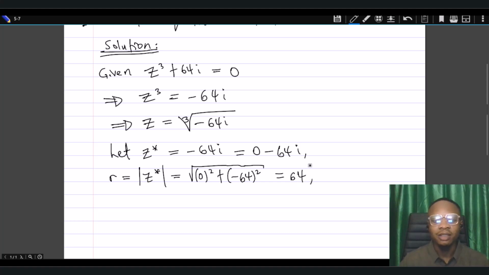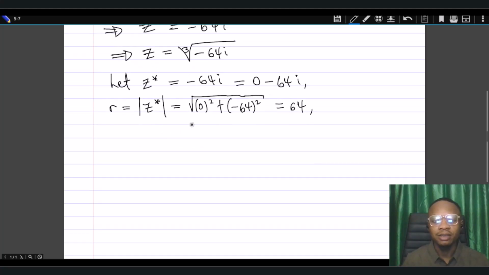And we can get the argument of this by locating it on the Argand plane. We know that we have something like this on the Argand plane. This is the real line, this is the imaginary line, and we have 0 on the x-axis. On the imaginary line we have minus 64, so that should be somewhere around here, and that means the number is at this point. If we connect it from the origin to this point, we have this line, and the angle that it makes with the positive x-axis is this.